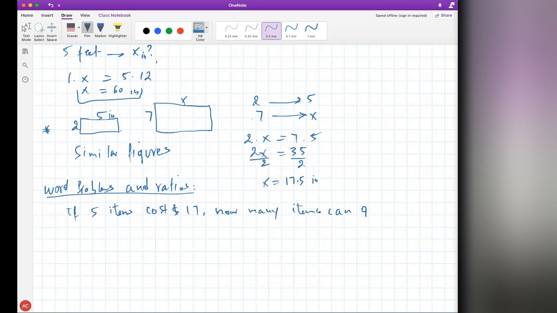How many items can $9 buy? Let me read that again. If 5 items cost $17, how many items can $9 buy?